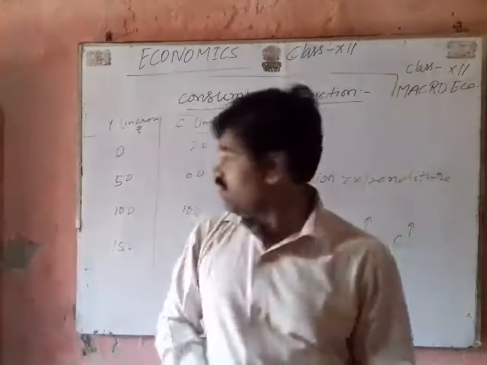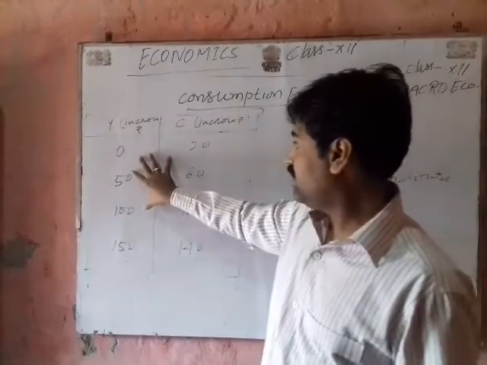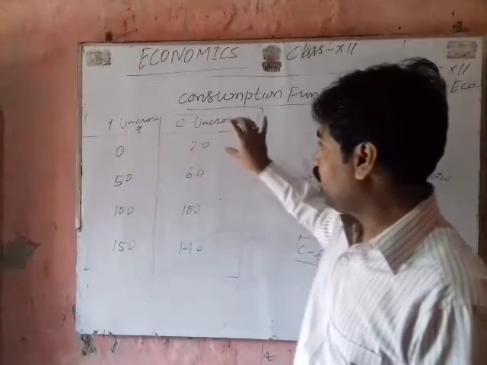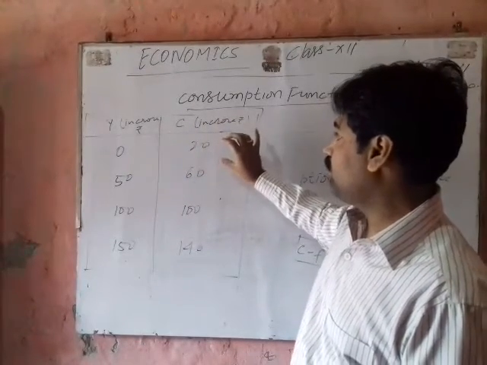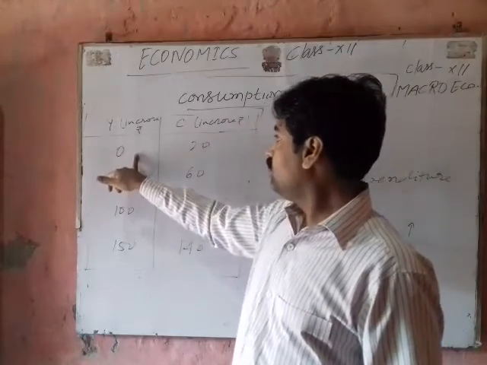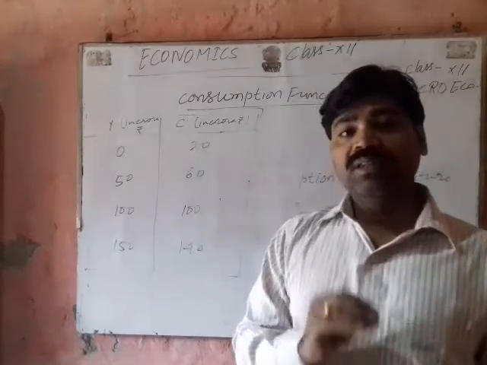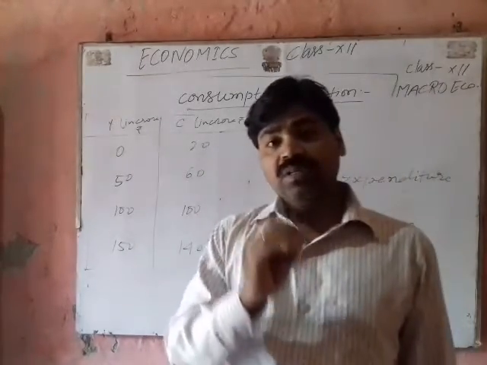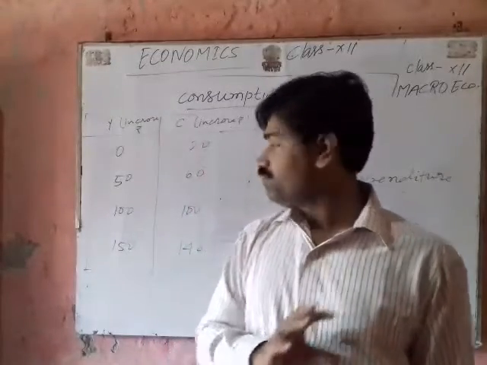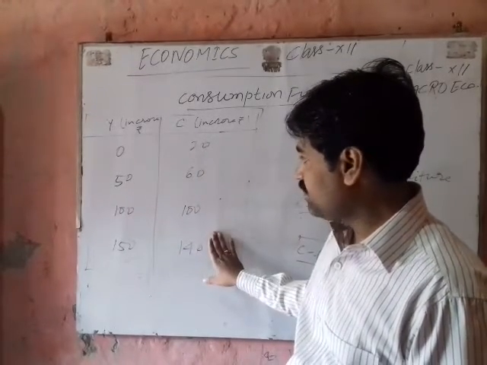Here we see the functional relationship between income and consumption, and here we see three main facts. What is the fact? At the income level of 0, there is some positive number of consumption. At income 0, consumption level is 20 crore. It shows that there is always a positive consumption even at 0 level of income. Second, when income increases, consumption increases.